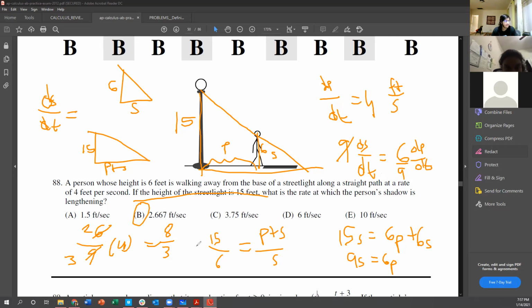Yes. Okay, do you see what I did? Let me know if you want me to go back a few steps. These, once again, are conceptual more than calculations.